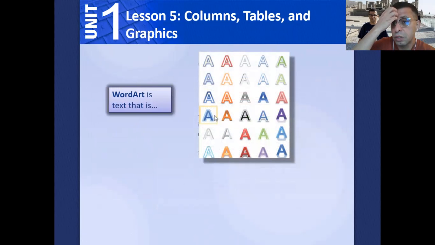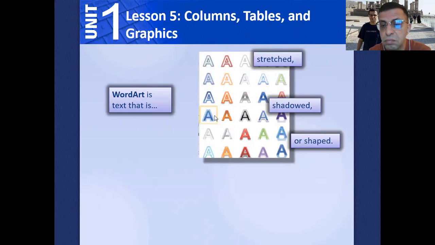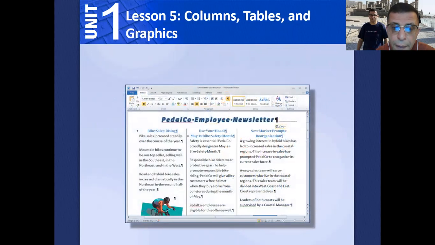Now, there is what you call WordArt, which is text that could be stretched, shadowed, or shaped in a different shape. The WordArt Gallery contains many types of WordArt. There are so many of them available. You can simply select them and use them in your Word file.